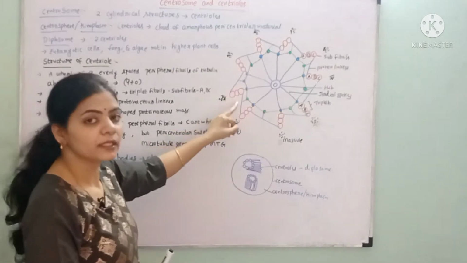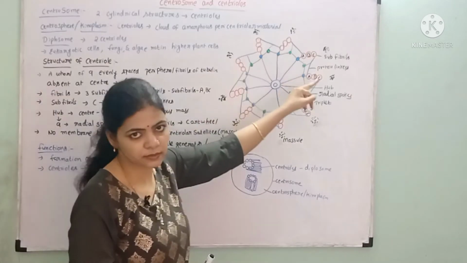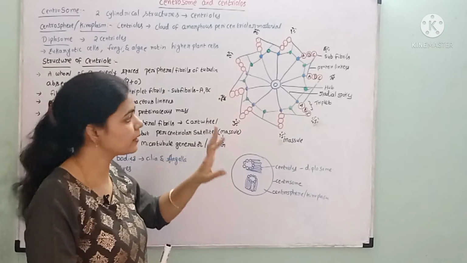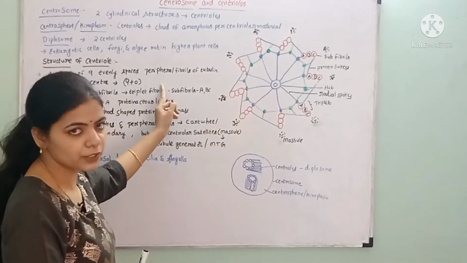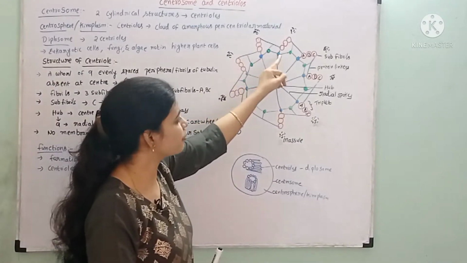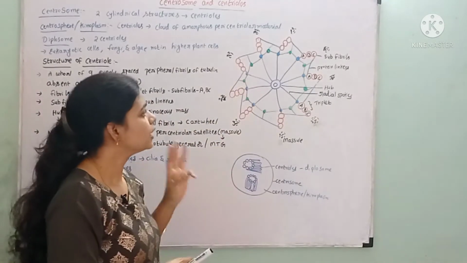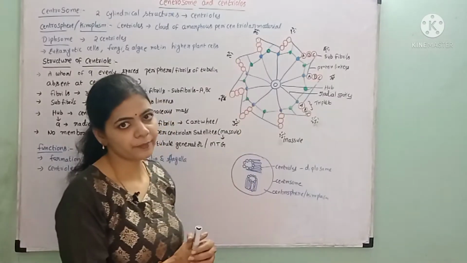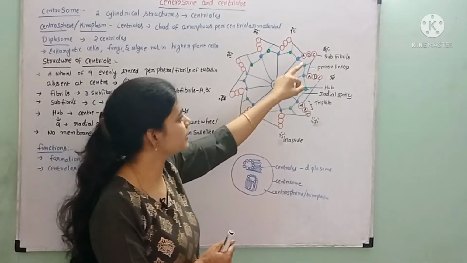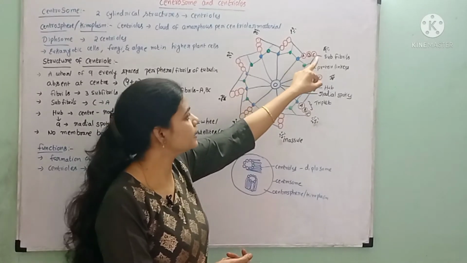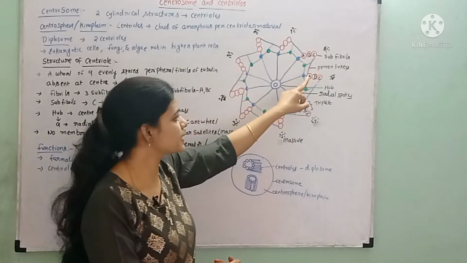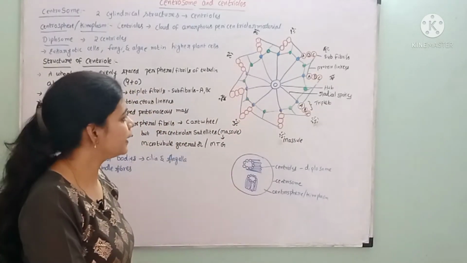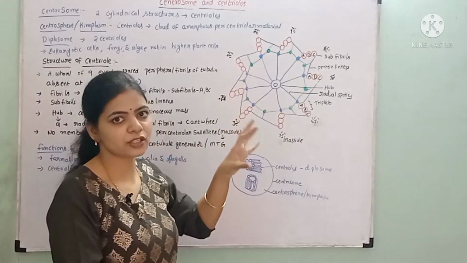Here there are 9 peripheral fibrils made up of tubulin, and at the center they are absent, and hence it exhibits a 9 plus 0 arrangement. These peripheral fibrils are subdivided into 3 subfibrils, which are named A, B, C. Here the C subfibril is joined to the adjacent A subfibril by means of protein linkers, and at the center there is a proteinaceous rod-shaped hub.